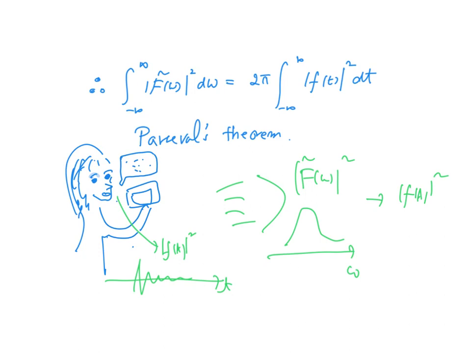So somebody can listen to your talk over the phone, but the process is the following. My cell phone transforms my voice energy into the frequency function, and then transmits over space, and the receiver transforms the frequency function back into a time function. That's how the Fourier transform works in our real life.